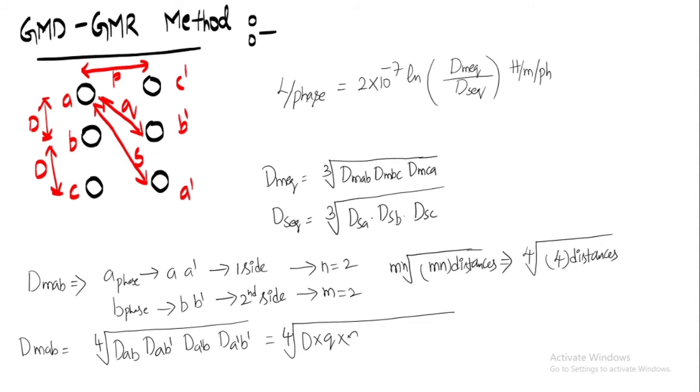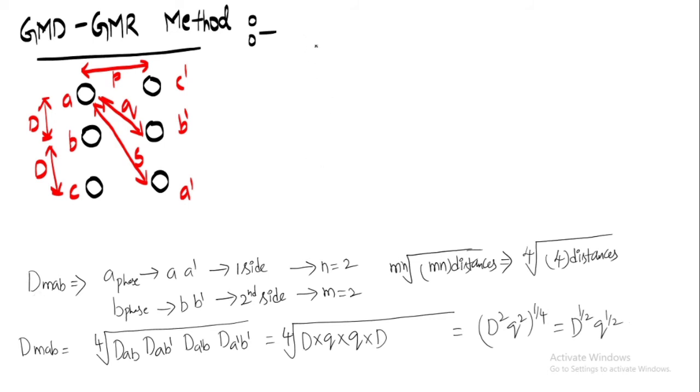So you will get Q again into, now what is A dash to B dash distance? A dash to B dash distance is same as C to B distance, which is D. Now it is D. What you will get now? It is D square Q square whole power 1 by 4. Now you will get D power 1 by 2 Q power 1 by 2. This is the value of DMAB.